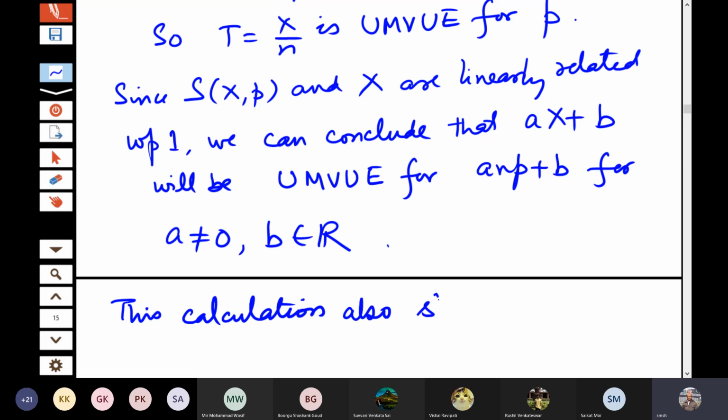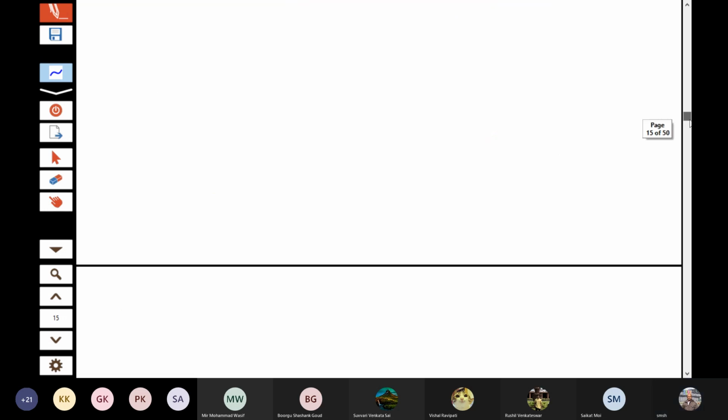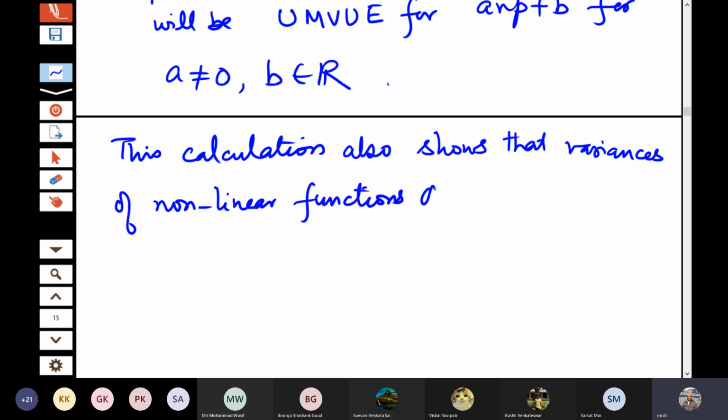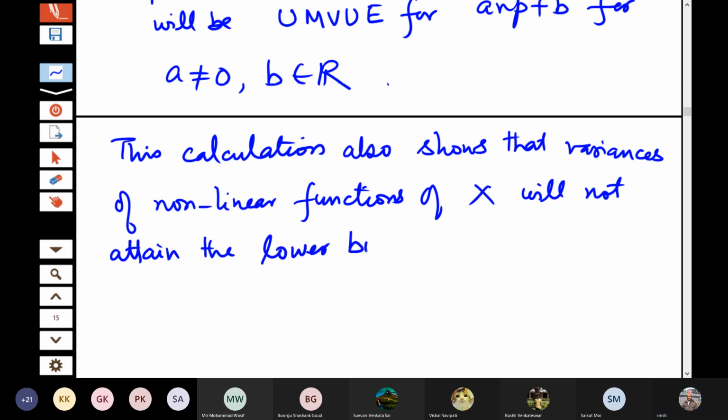This also shows that variances of non-linear functions of x will not attain the lower bounds for their expectations.